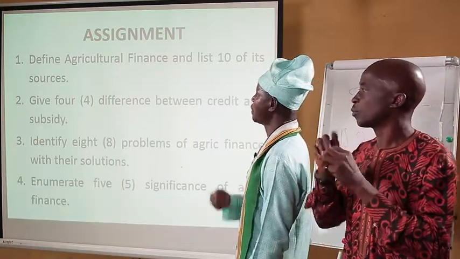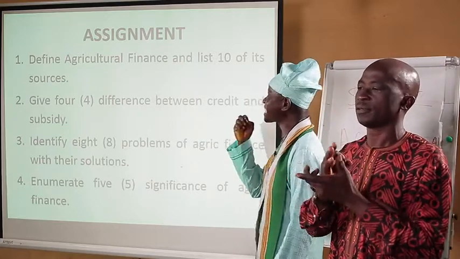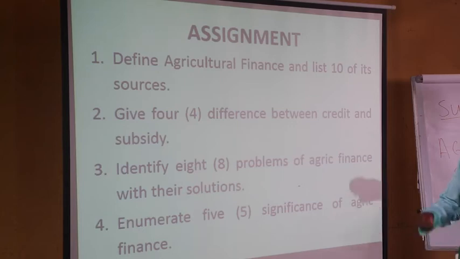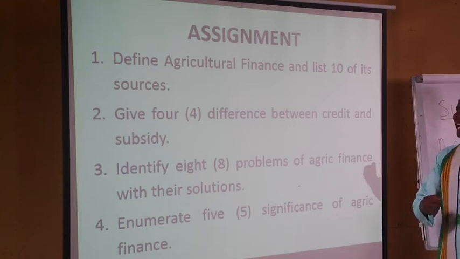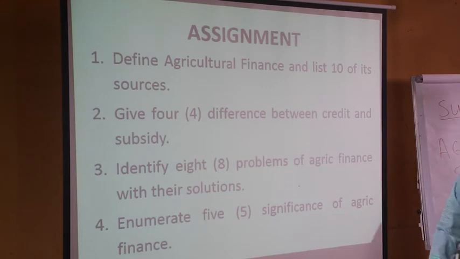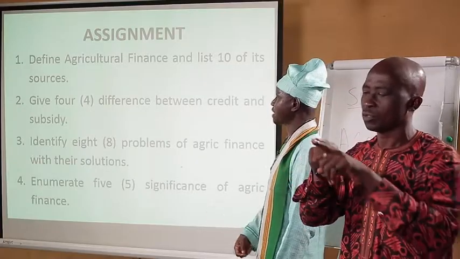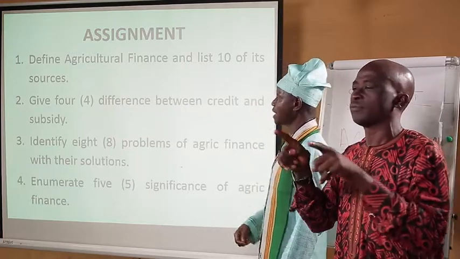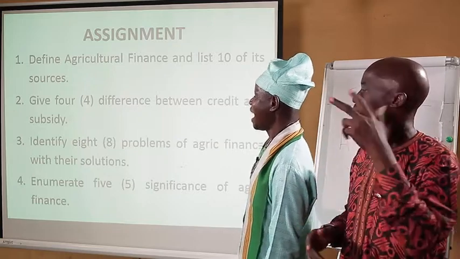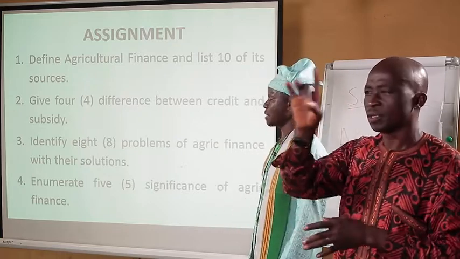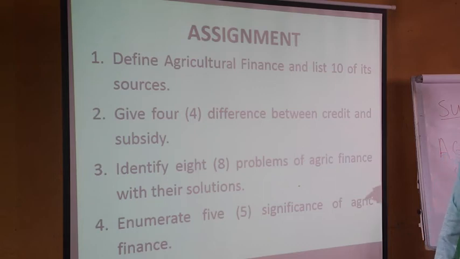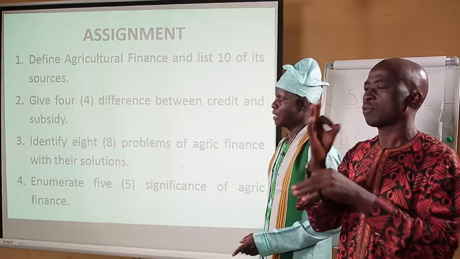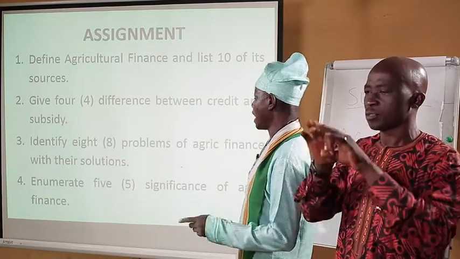Assignment number 1, define agricultural finance and list 10 of its sources. 2, give 4 differences between credit and subsidy. 3, identify 8 problems of agri-finance with their solutions. 4, enumerate 5 significance of agri-finance.